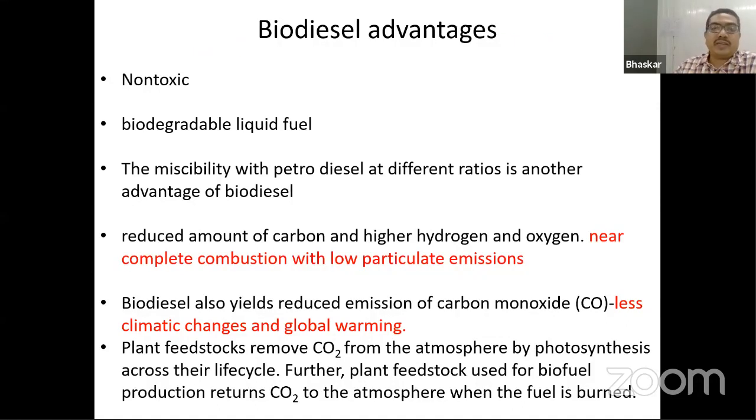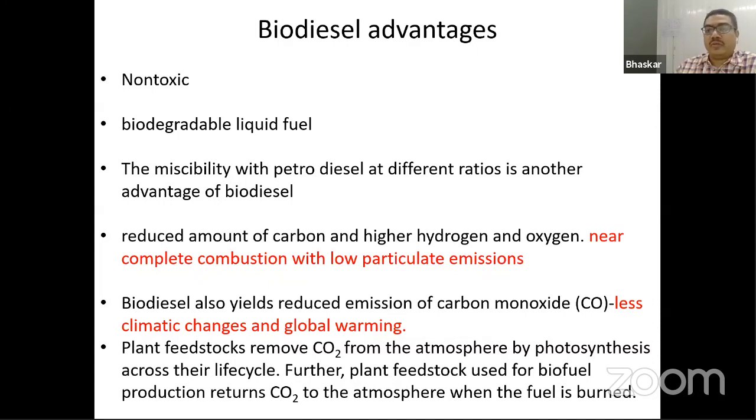So coming to advantages, it is non-toxic, but not completely non-toxic. Some toxic elements are there, like some carbon monoxide will get generated, some amount of hydrocarbons may also get generated, but it is comparatively very less, because toxic elements are excluded here.